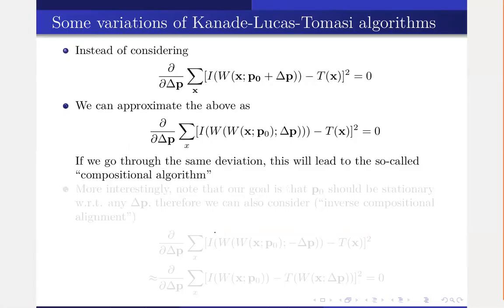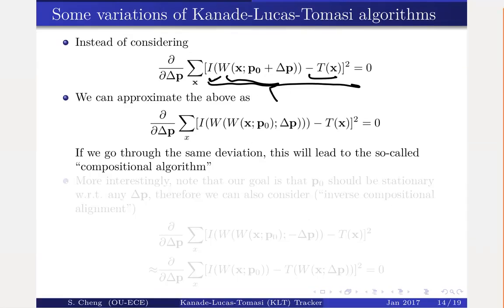Instead, this is a nice variation, coming 20 years after the KLT algorithm. Remember the original KLT algorithm: the basic assumption is very simple. With the image, we have a model to warp the image and then take the difference with some template. The template is the previous frame.